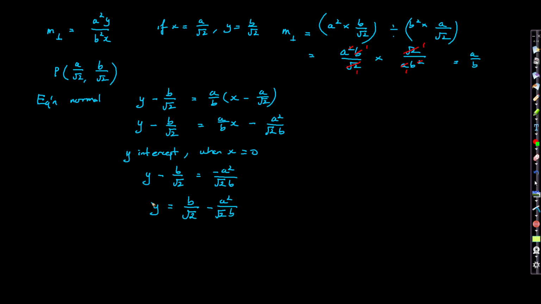Now if you think about going back to our previous page, if you think about this as a distance below the x-axis, one way we could write this as negative, because it's down, so that would be a squared over root 2b minus b over root 2. So let's go back to that previous page.